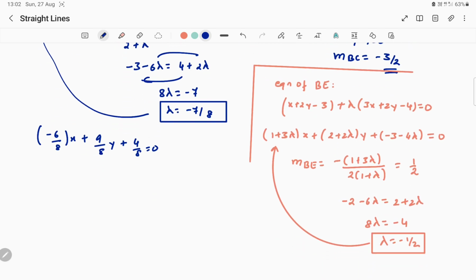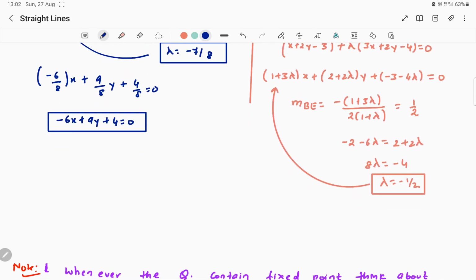So when we simplify this, we got minus 6x plus 9y plus 4 equal to 0. Calculation, I will say that please check it once from your end. Now similarly substitute minus 1 by 2. So we got 1 minus minus 3 by 2, which is minus 1 by 2 x.